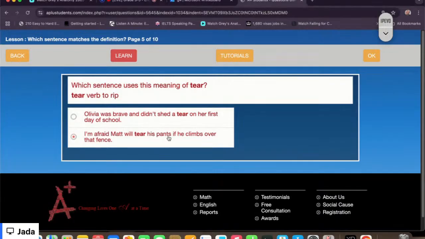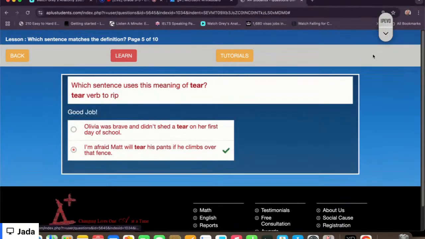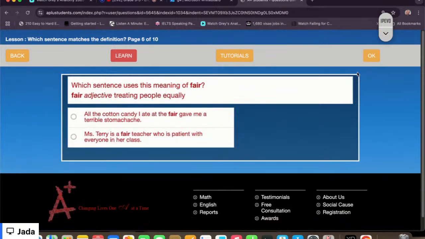So I was afraid Max would tear his pants if he climbs over that fence. So rip. So fair, adjective, treating people equally. Is it the first or second? All the cotton candy I ate at the fair gave me a terrible stomach ache.